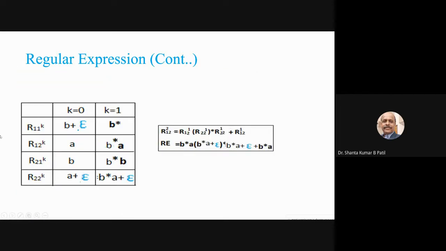So finally, you can see R1 to power 2 is equal to R1 to power 1 into R2 to power 1 is b star a plus epsilon whole star, keep as it is, then R2 to power 1, it is b star a, then plus R1 to power 1, R1 to power 1 is epsilon plus b star a.